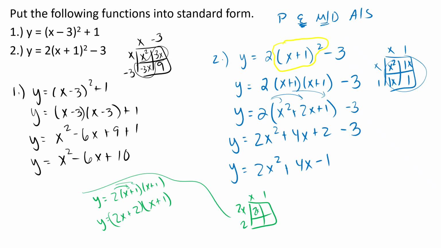Okay, and you'd get 2x squared plus 2x plus 2x plus 2, which would add up to 2x squared plus 4x plus 2. Oh, don't forget we had the minus 3. And so 2x squared plus 4x minus 1. And notice that that also works. But if you multiplied it through twice, okay, then you'd end up in the wrong place.